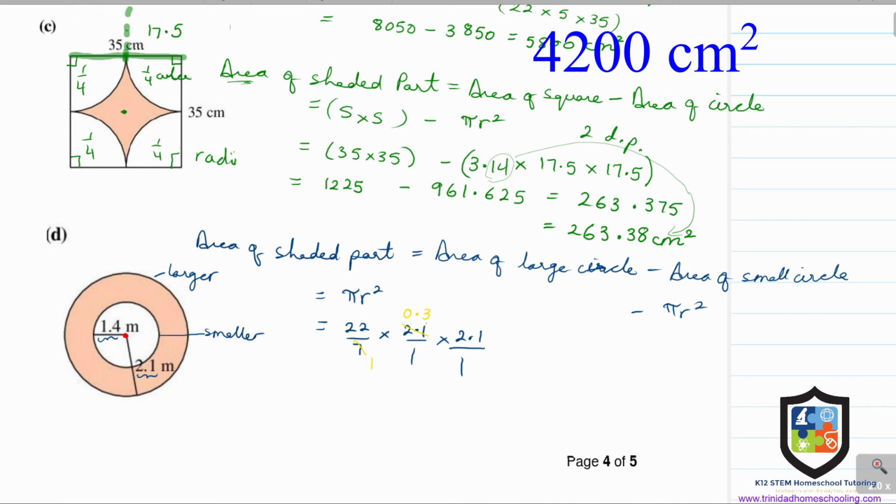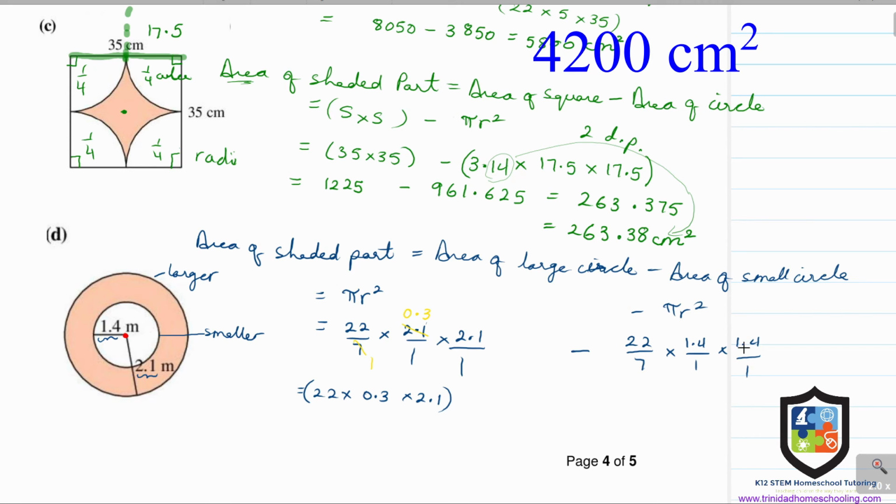So I have 22 multiplied by 0.3 multiplied by 2.1 on this side, and for the small circle pi is 22 divided by 7 multiplied by, my radius now is 1.4 by 1.4.